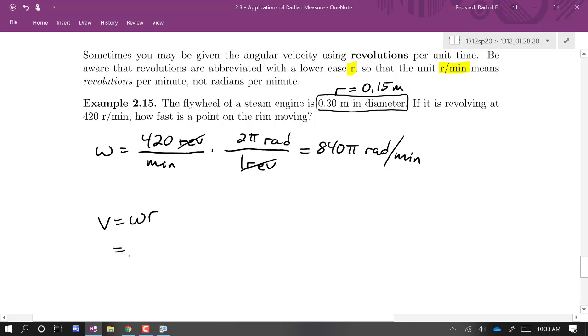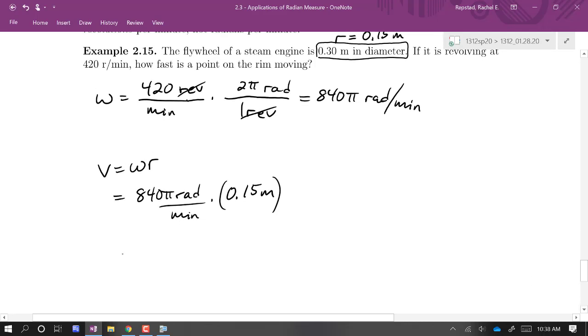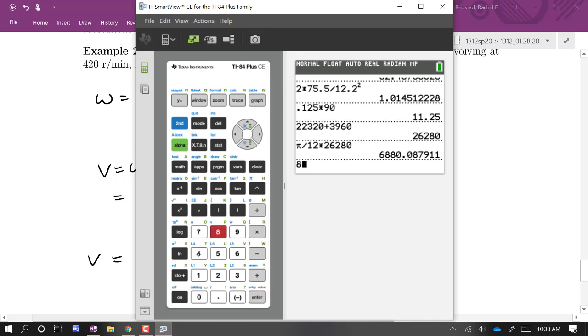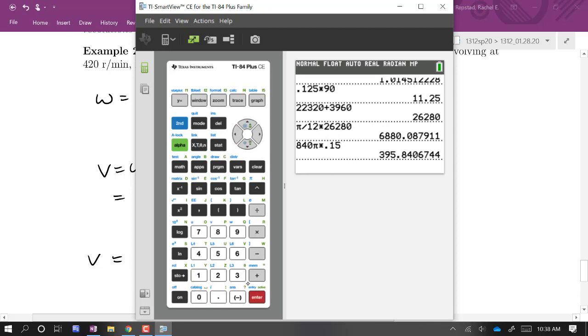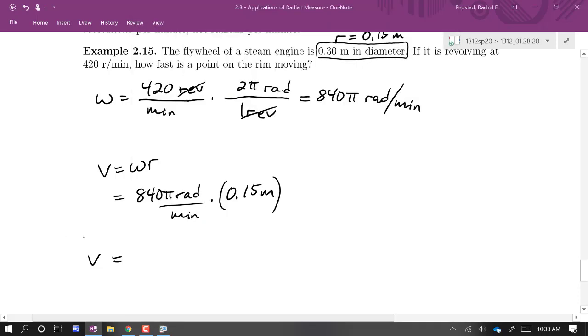V equals omega r gives us 840 pi radians per minute times 0.15 meters. Throw this in the calculator. 395.84.